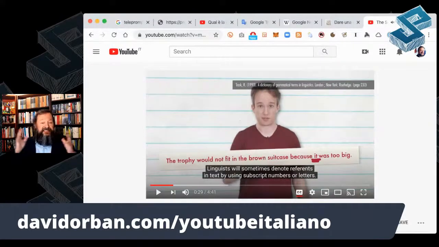Right? The syntax of this sentence is not very complicated, but the it could refer to the suitcase or the trophy. And we know that it refers to the trophy because those are the things that go into suitcases unless they are too big.